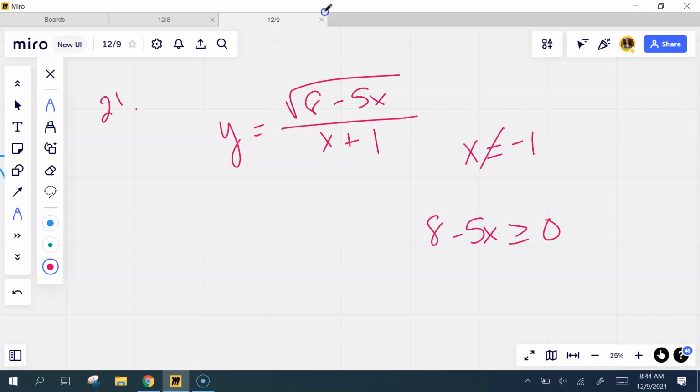But because I'm talking about differentiability, and differentiability does not happen at the endpoint because the left and right derivatives would not be the same, I'm going to make it that way. Endpoints are not differentiable, right? So instead of greater than or equal to 0, I'm going to just say greater than 0.